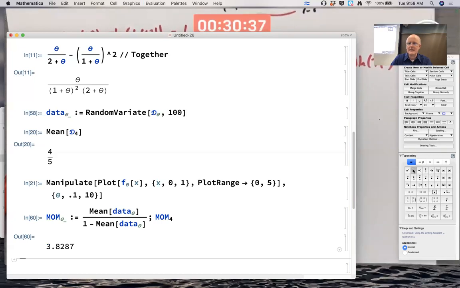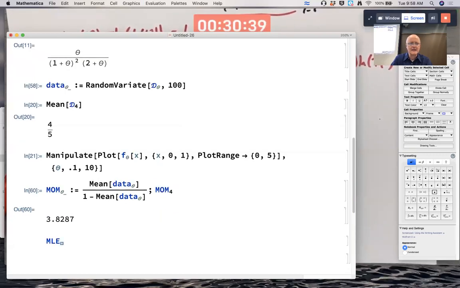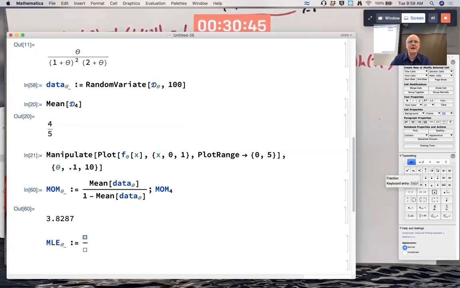Okay, how about M.L.E. of theta? It depends on n too, right? Depends on the sample size. Here n is 100. I could make this depend on n. I'm not going to bother. I'll just put 100 up there.